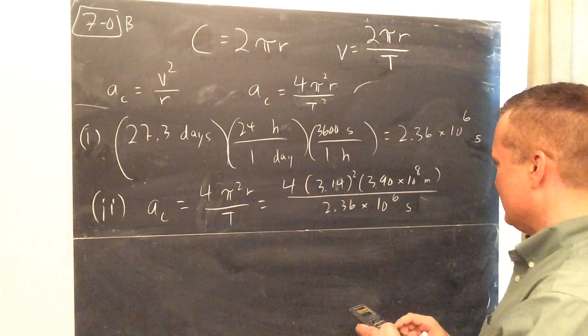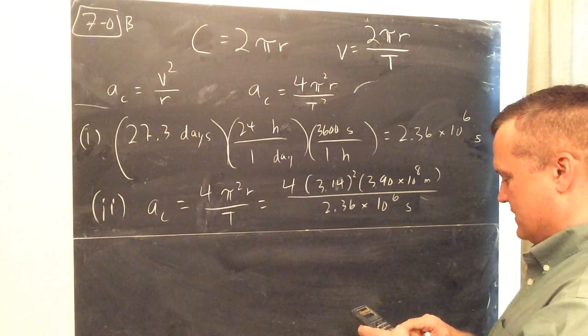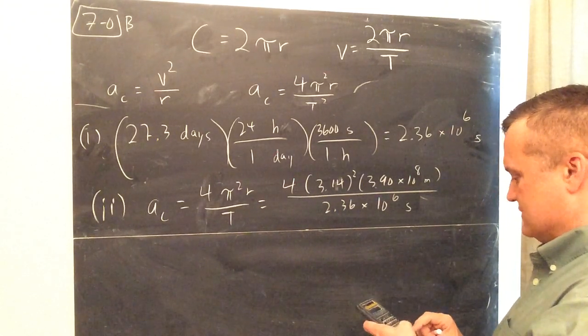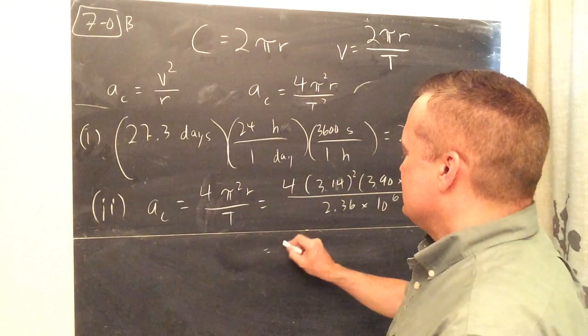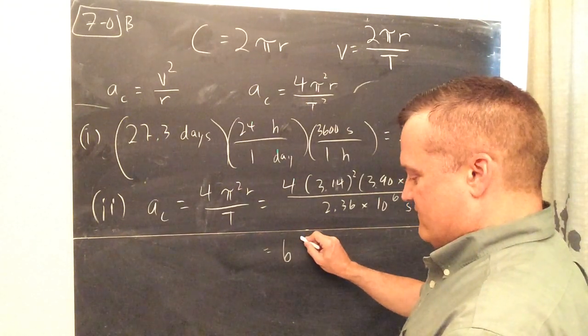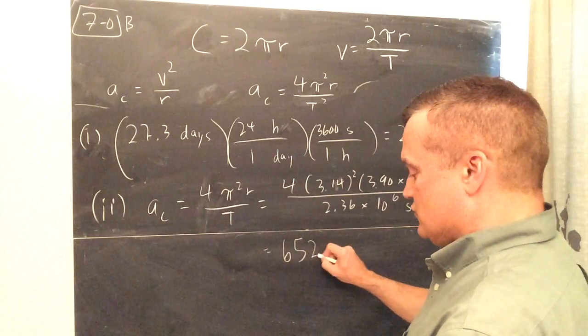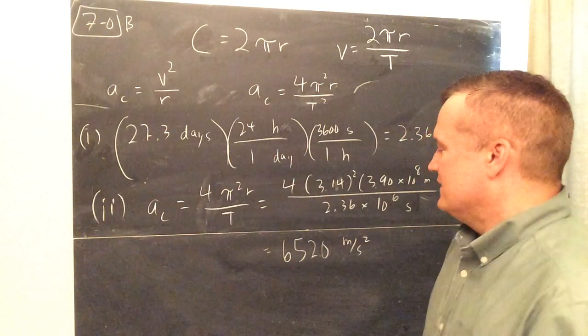So let me calculate all this. 3.14 squared times 3.90 times 10 to the 8th times 4 divided by 2.36 times 10 to the 6 equals. Okay, it is 65. I'll do 3 sig figs. 6520 meters per second squared.